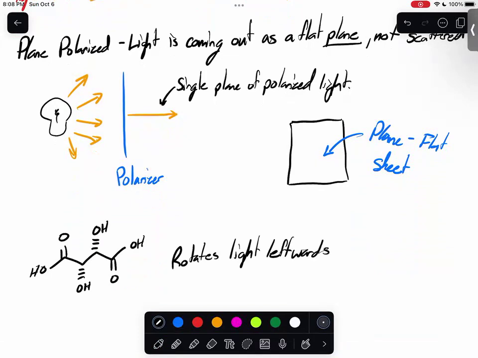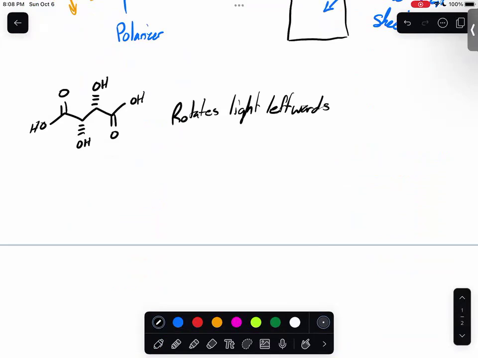Well, we can imagine that this orange line is our plane of light, so it's got to be relatively flat. And so this is our original plane of light. What we're saying this enantiomer does is if it's in solution, it's going to take that original plane and it's going to twist it towards the left.